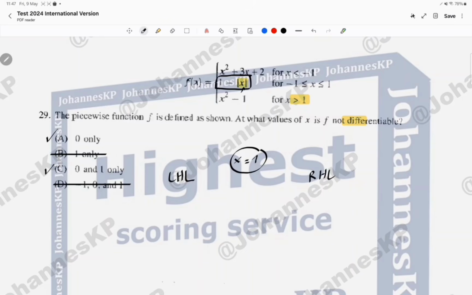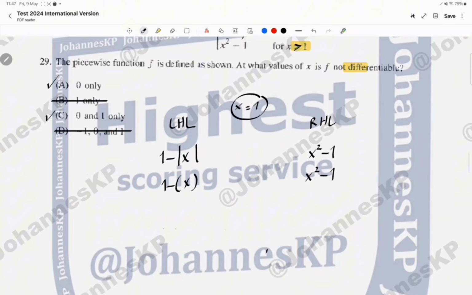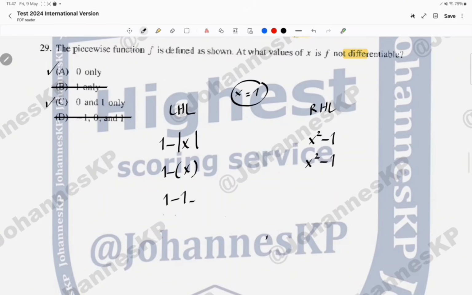So the left-hand limit will be less than 1, that is 1 minus absolute value of x. Right-hand bigger than 1, x squared minus 1. Since the x is 1, make the inside positive. And now plug in the 1, so 1 minus 1, which equals 0, and 1 minus 1, which is equal to 0. So it's continuous.